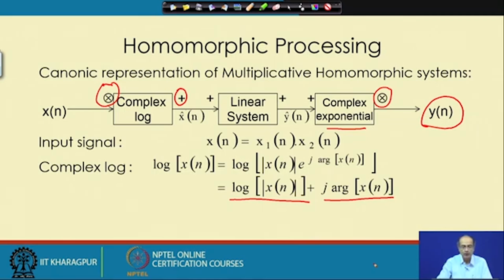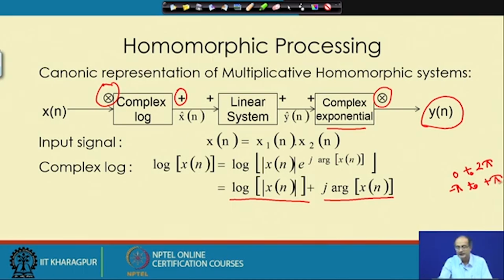Now, the complex log brings one more challenge. First, let us point it out and then we will see how to fix it later. When we take the log operation and find the angle, we need to define the range of that angle. The value could be defined between 0 to 2 pi, for example, or it could be from minus pi to plus pi.